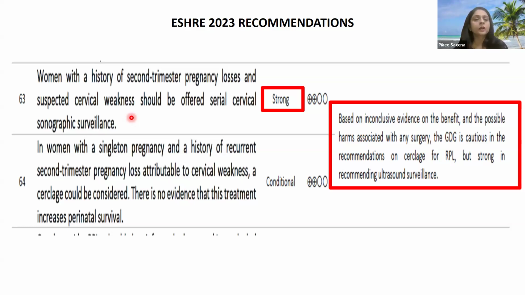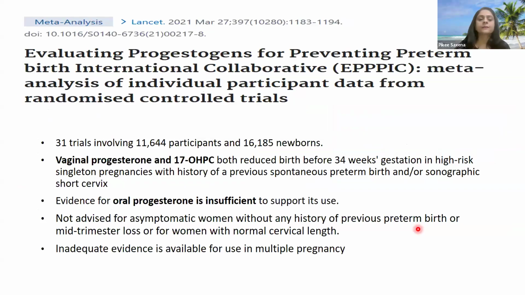Accordingly, if it is getting shortened below the threshold of 2.5 centimeters, then we can think of a cerclage. However, based on the inconclusive evidence of benefit and the possible harm of surgery, the DGD says that you should be cautious in doing cervical encerclage.